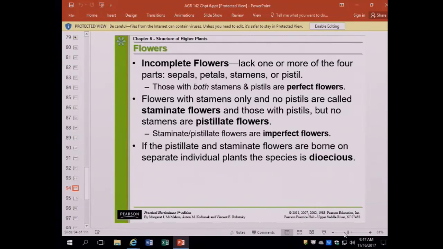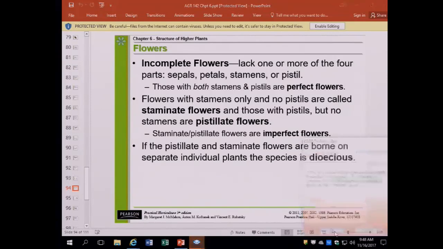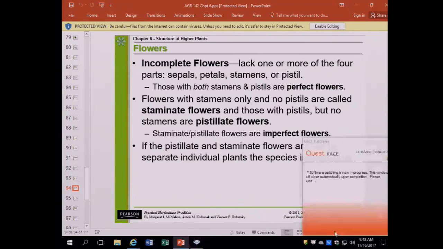Now, if we're dealing with flowers that have only stamen and no pistil, they're called staminate flowers. And those that have only pistils and no stamens, they're called pistillate flowers. So the staminate flowers or pistillate flowers are referred to as imperfect flowers because they are missing a single component.